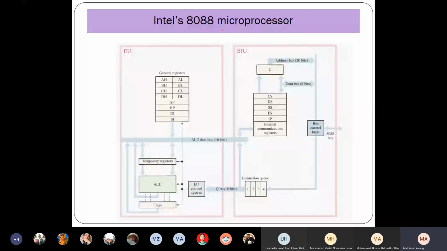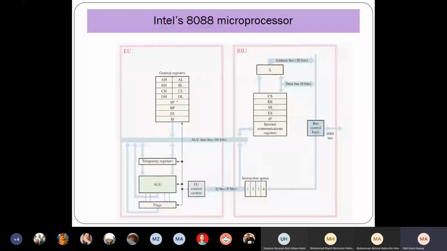In the EU, you have the general registers, which is register A, consisting of AH and AL, where AH is the higher byte and AL is the lower byte. You have register B, the same, high and low, then registers C and D. After that, you have SP, BP, DI, and SI.